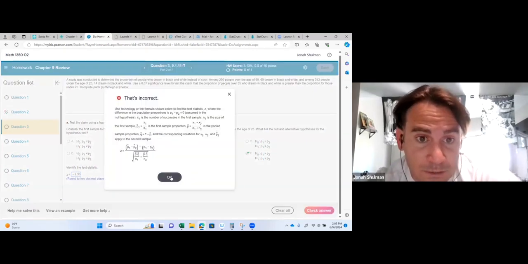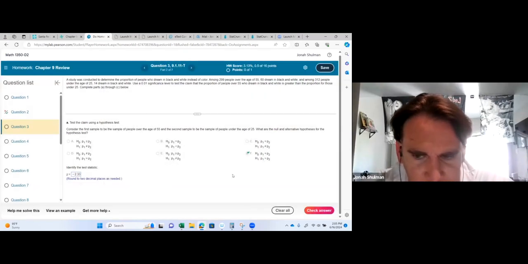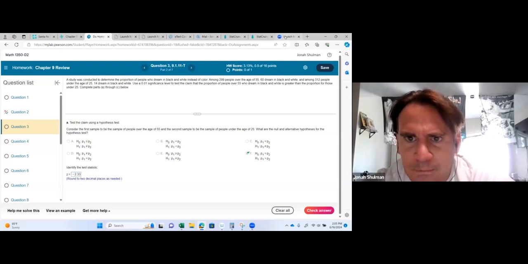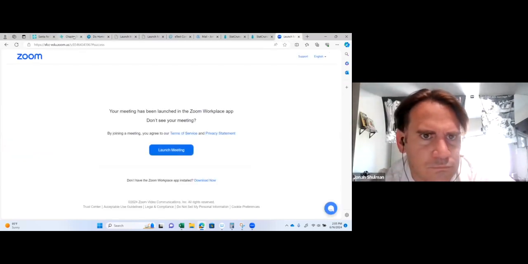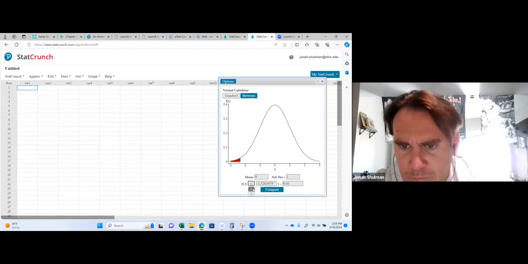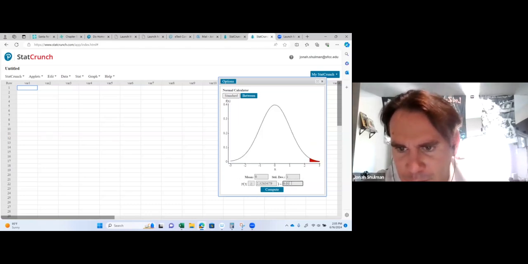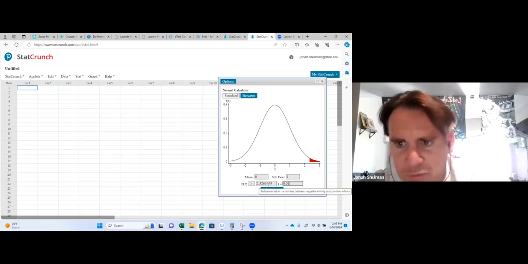Or we could do that crazy formula. Oh, because it's greater than. Oh man, it's a positive 2.33.